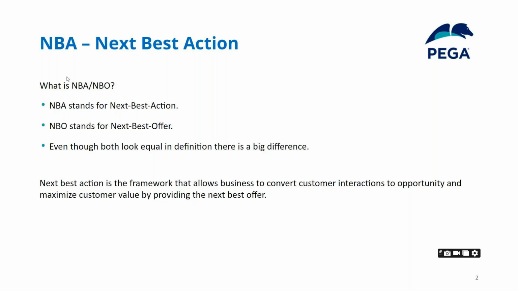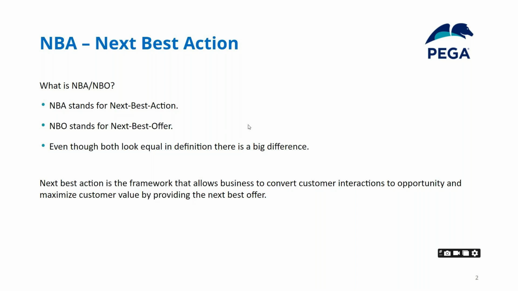What is next best action or next best offer? Simply put, next best action is nothing but the right offer to the right customer at the right time. Just remember it with this definition.